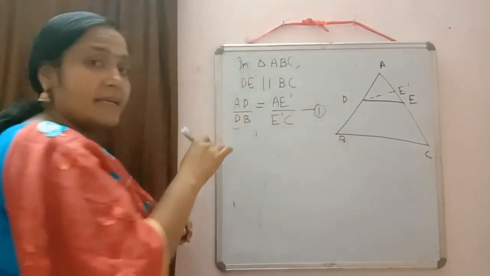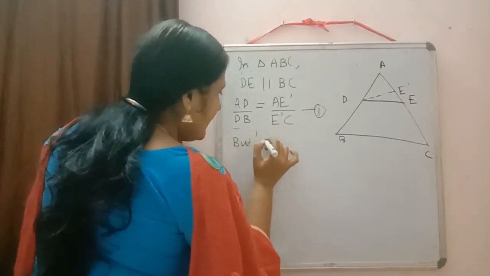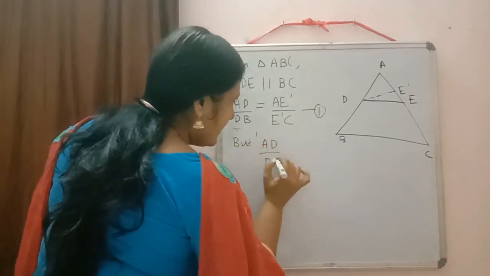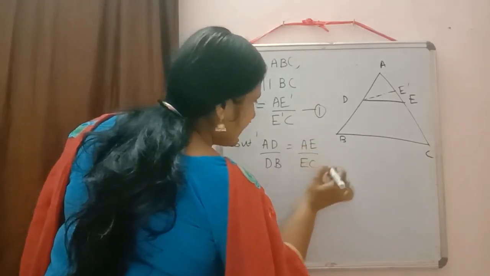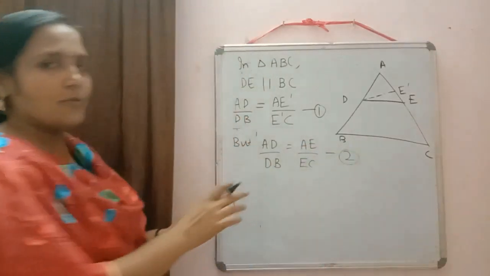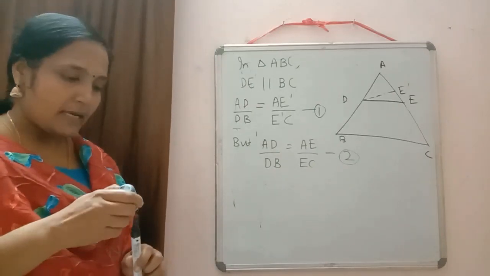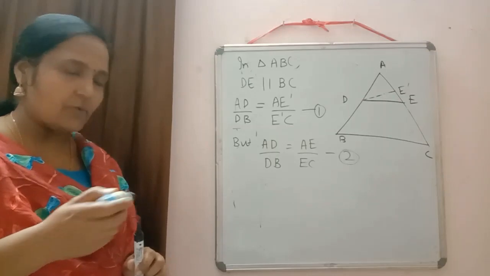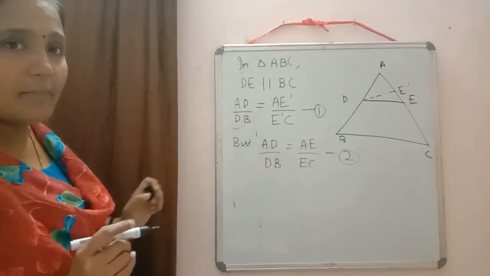But already in the statement one condition is given. What is that? AD by DB equal to AE by EC, that is given. Equation 2. So from equation 1 and 2, what we can say? The left hand side is the same, so their right hand side also will be equal.